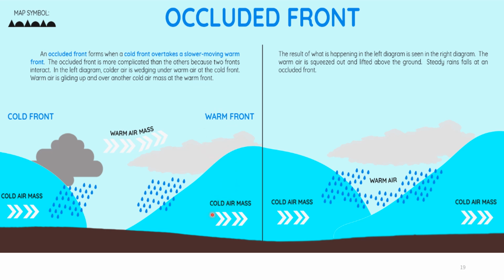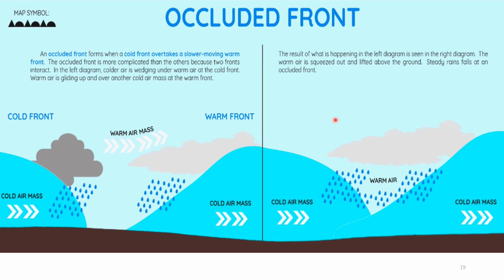So that's why this occluded front is more complicated, because these two fronts interact, the cold and the warm front, and this warm air mass above the cold air mass of a cold front glides up above the cold air mass of the warm front.